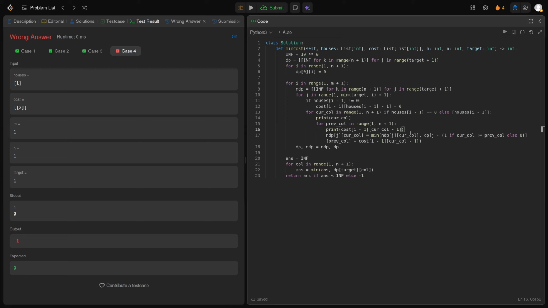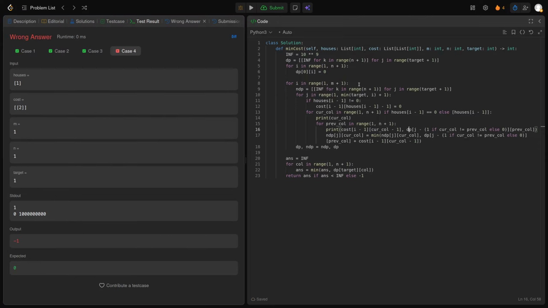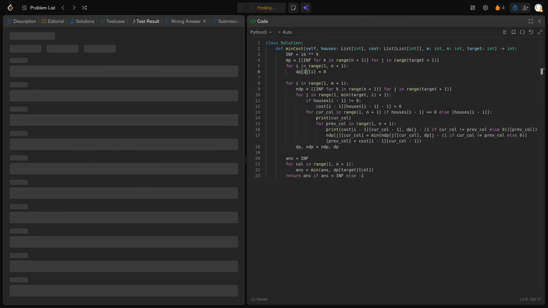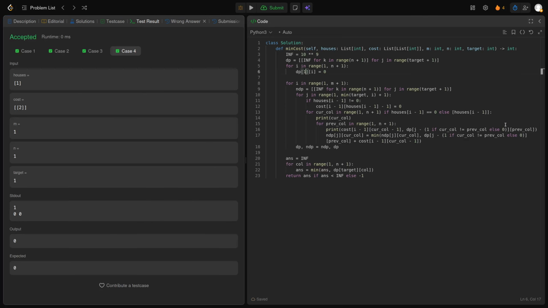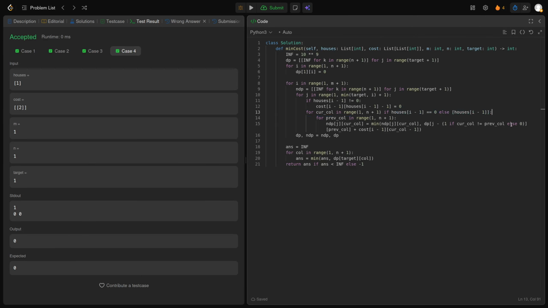So it costs 0. Okay. And then how much is this? Oh, we need to, okay. So we needed to color one neighborhood.